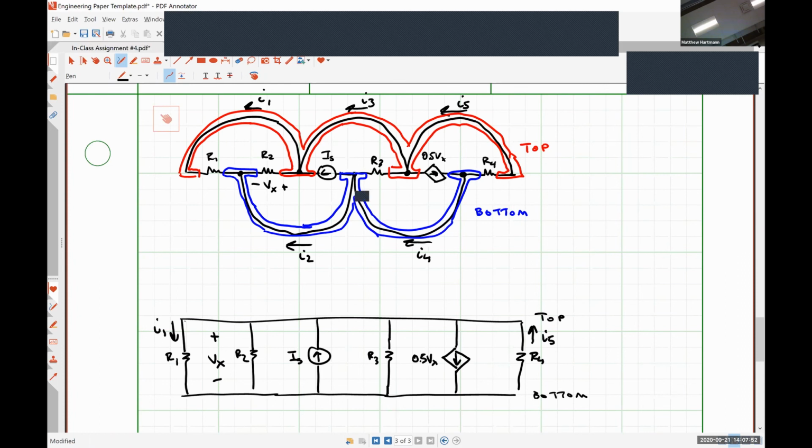All right, so I2, we can see that the tail is connected to the node shared between the tail of the current source IS and the resistor R3. So that would be effectively this big node right here, which I did not mean to erase.